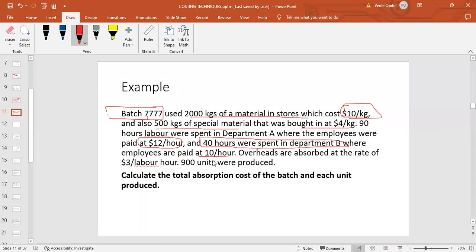Overheads are absorbed at the rate of $3 per labor hour, and in total 900 units were produced.